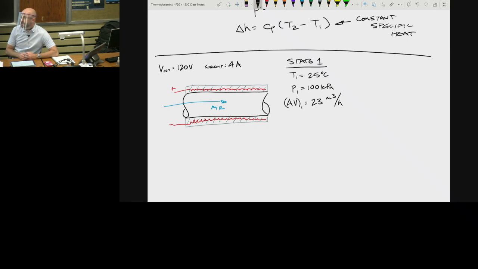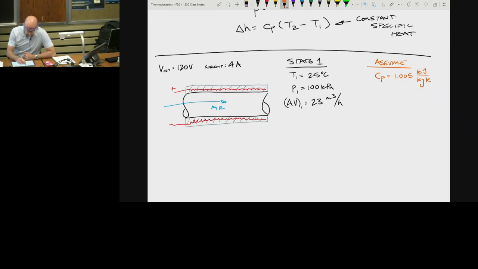Now they want us to look at this problem and assume the ideal gas model, which we probably would anyway. We're not going to go through generalized compressibility and determine if this is an ideal gas or not. We're going to assume the ideal gas model, and we're going to assume constant specific heat. So they're saying to us, assume that c sub p is constant, and the value of that c sub p is 1.005 kilojoules per kilogram Kelvin.